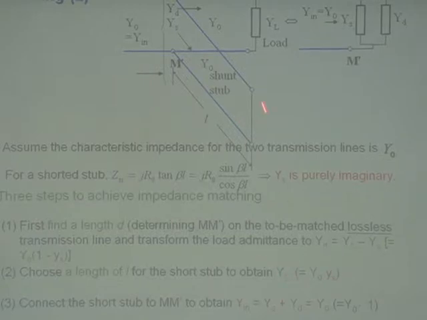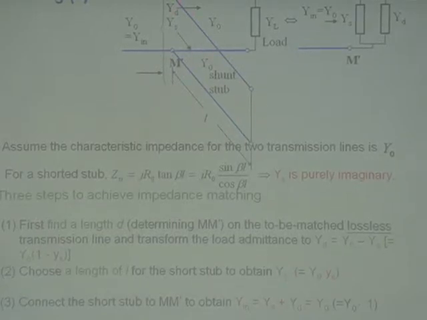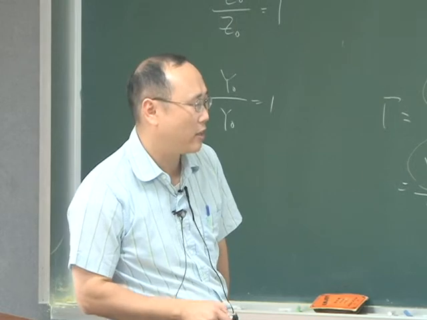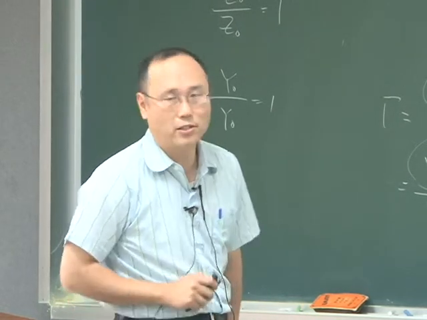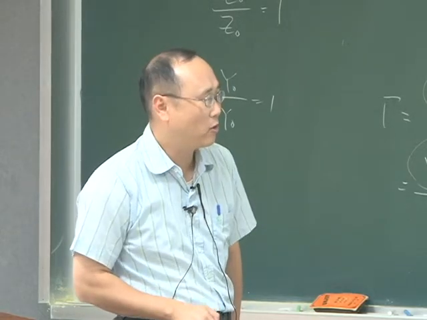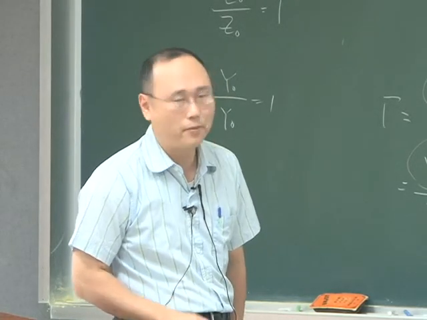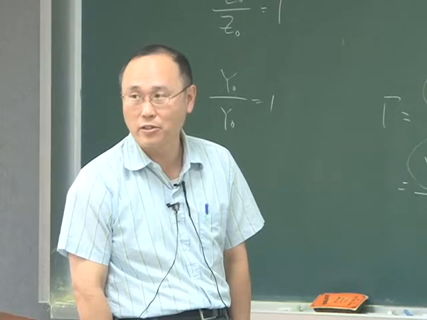You want to use the Smith chart to design a section of short circuit transmission line with admittance equal to small ys. You have to normalize this to the characteristic admittance.